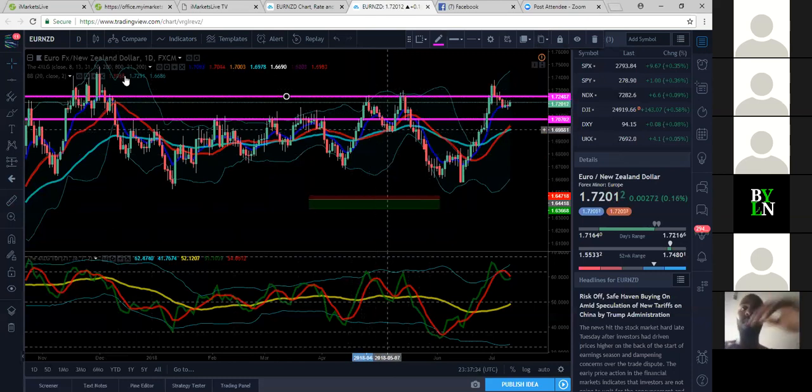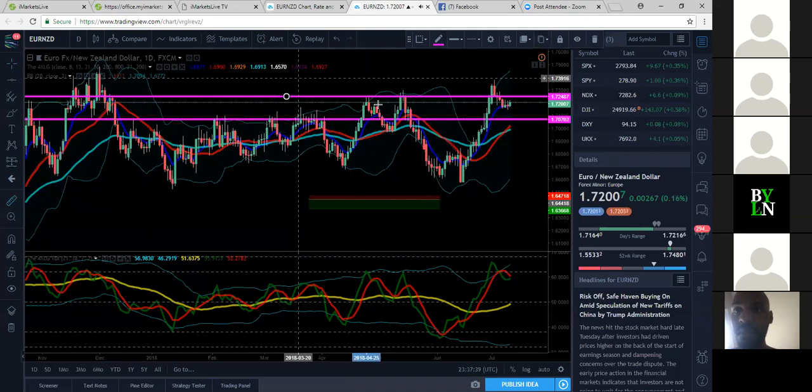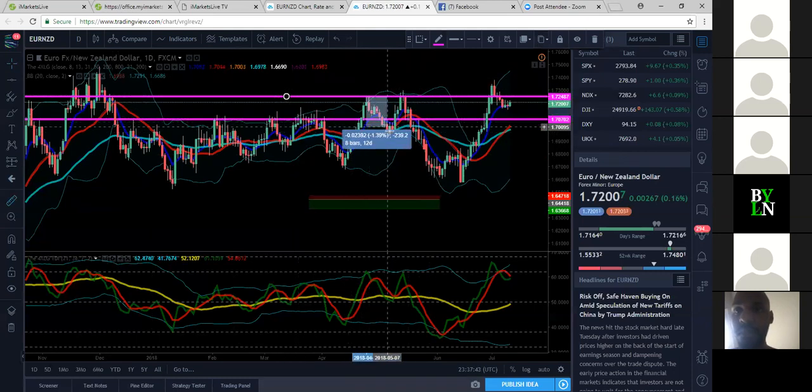Right? So let's do a measurement on how many pips that is. 274 pips. Y'all see that? Yes. Okay. And now here's the second one that's coming off of that line.